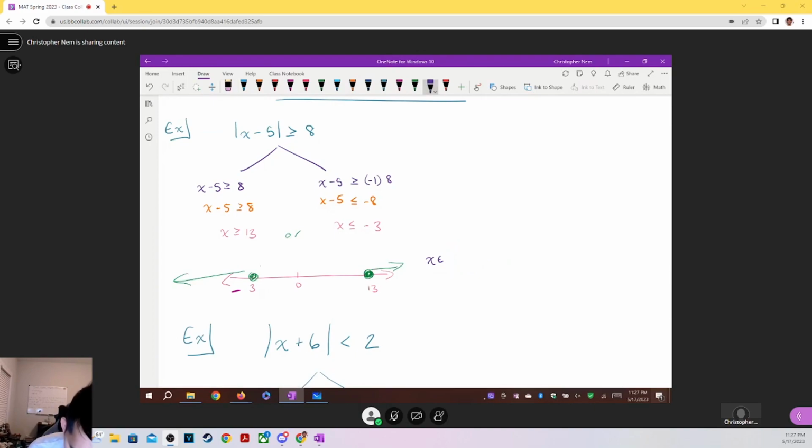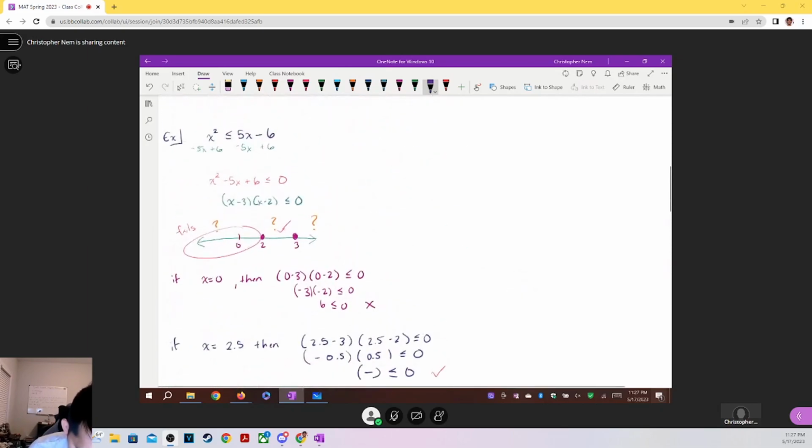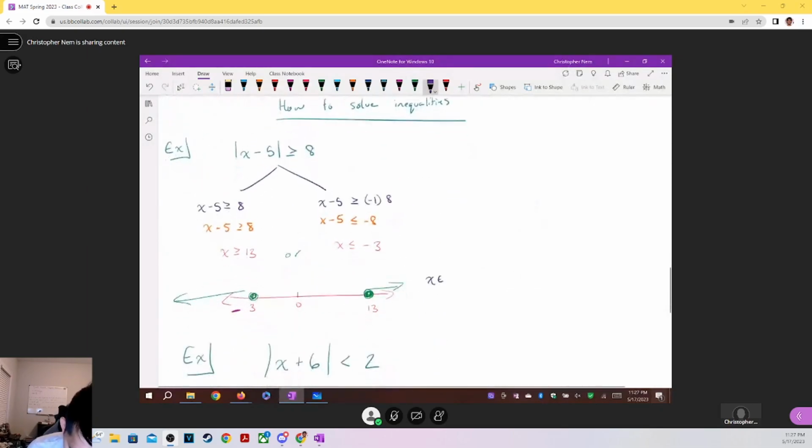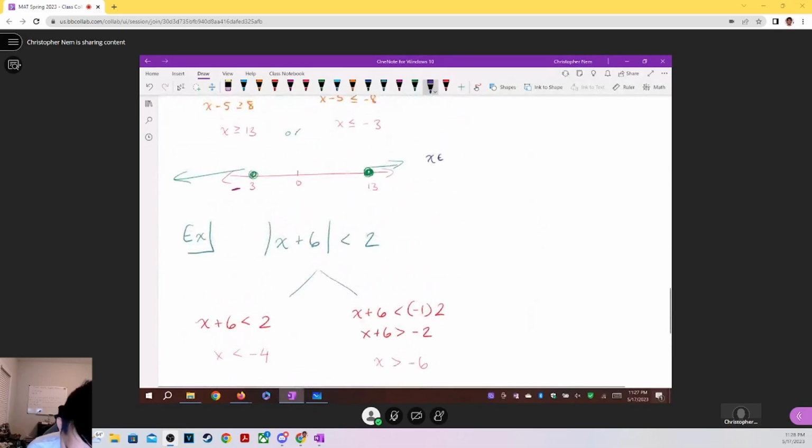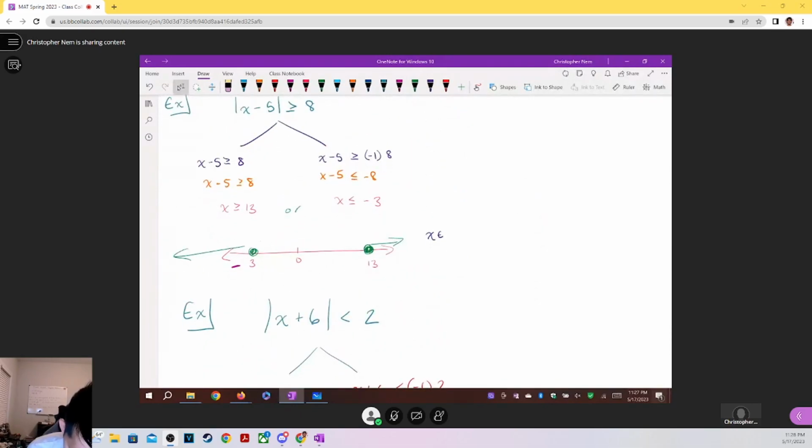This is going to be x belongs in negative infinity all the way to negative 3, brackets, parentheses, union, brackets 13 to infinity. So that's the OR symbol. I apologize, because they're not touching each other at all.